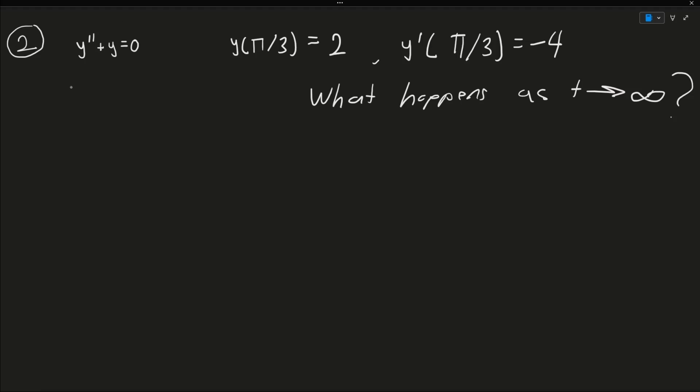Anytime you see a second order homogeneous differential equation, you need to find the characteristic equation. As you can remember, we either have equal real roots, distinct real roots, or complex roots. Over here we have r squared plus 1 equals 0. Obviously r is going to be plus or minus i to satisfy this equation.